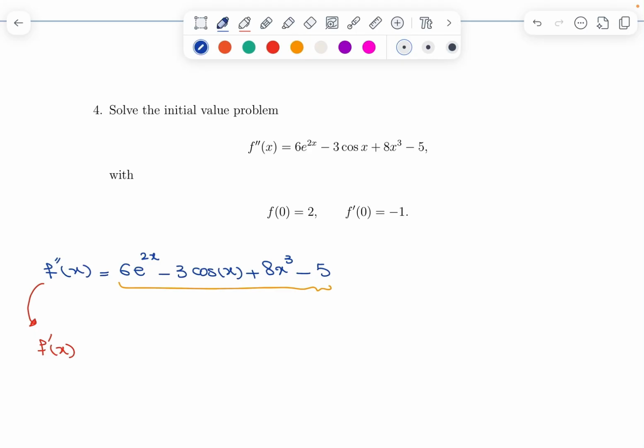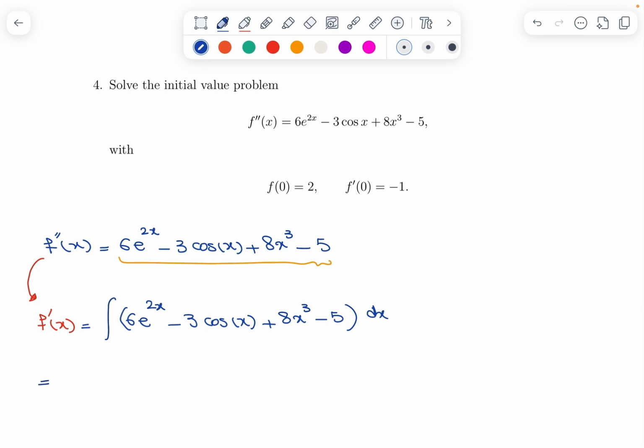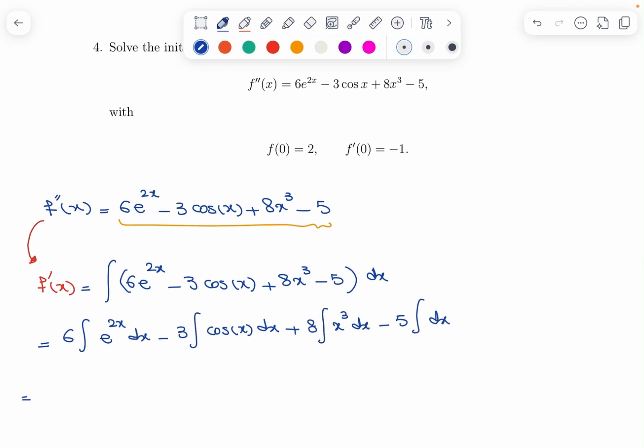So f prime of x would be the integral of 6 e to 2x minus 3 cosine of x plus 8x cubed minus 5 dx, which is equal to 6 integral e to 2x dx minus 3 integral cosine of x dx plus 8 integral x cubed dx minus 5 integral dx.